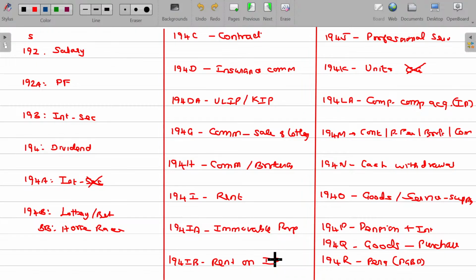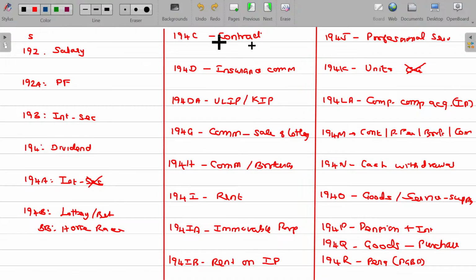So first, rent is not only for immovable property, any rent. Even plant and machinery can be used for letting purposes, and you generate the rent; TDS is applicable under 194I. IA, transfer of immovable property, where on the consideration, before you settle, you have to deduct the TDS. IB, rent for immovable property.